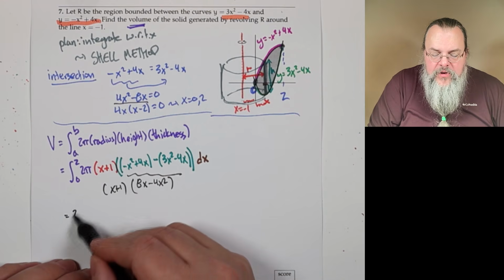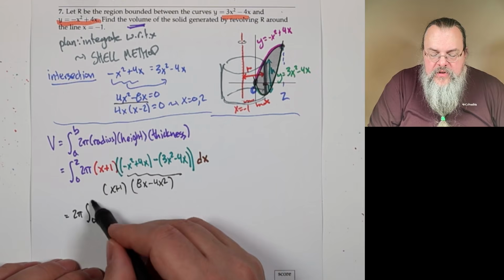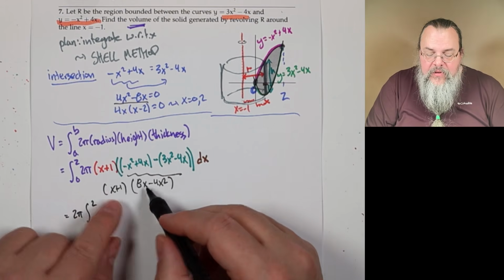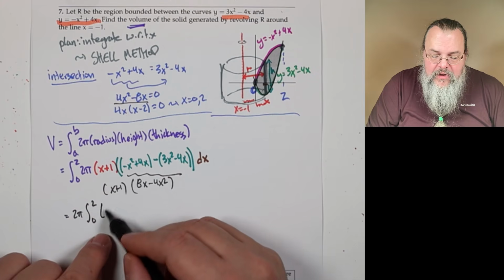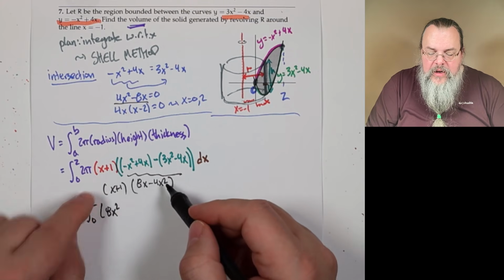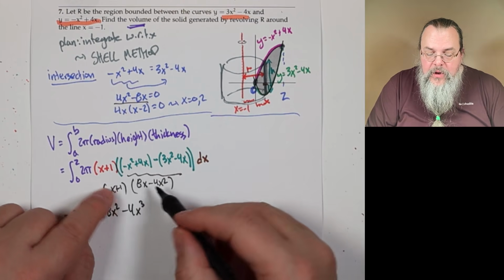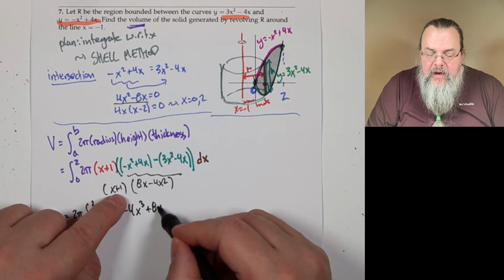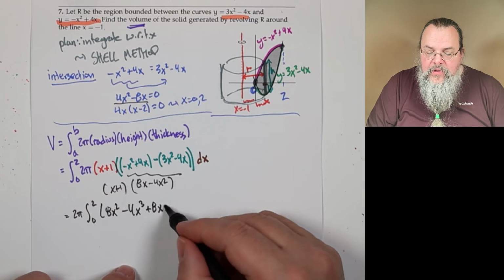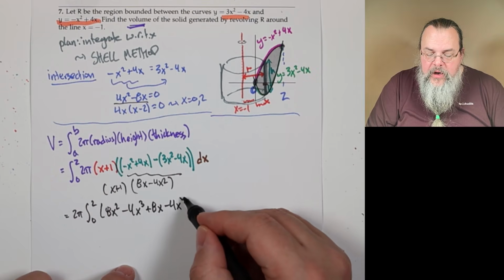So we have a 2 pi. We'll throw that out in front. 0 to 2. X times 8x is 8x squared. X times minus 4x squared, minus 4x cubed. 1 times 8x, 8x. 1 times minus 4x squared, minus 4x squared.